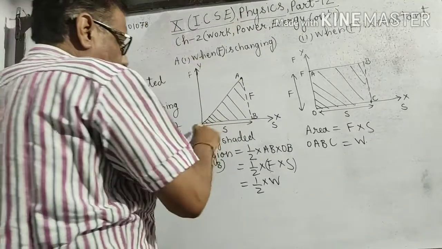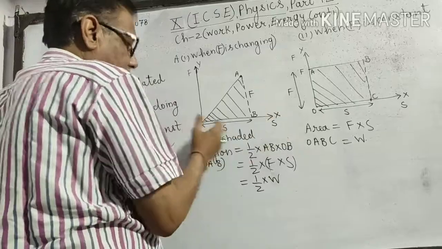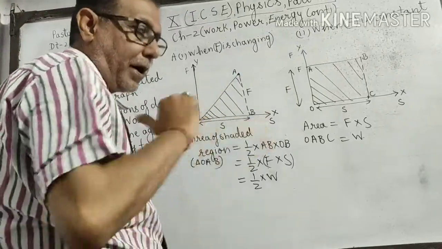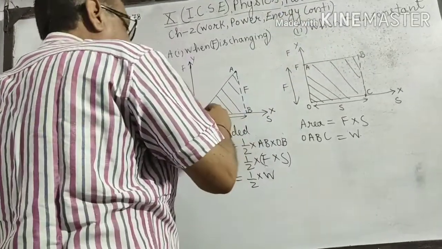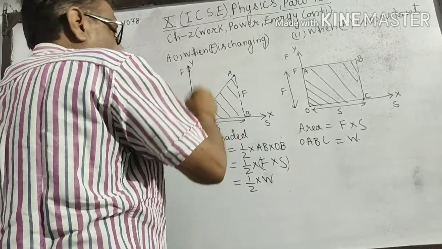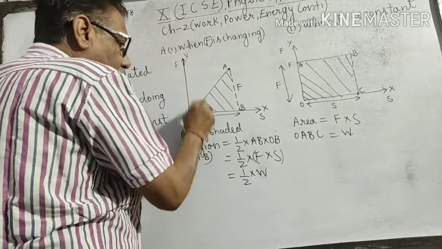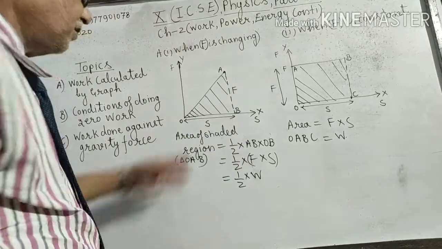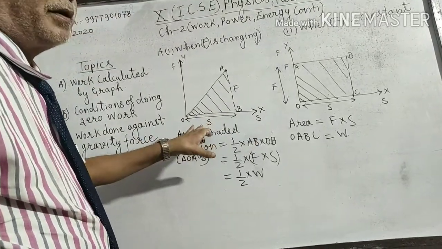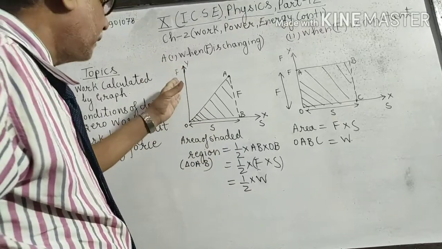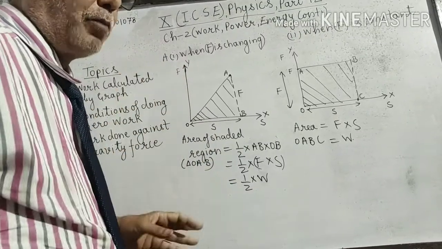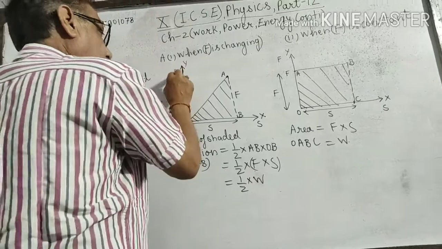In that case, on the x-axis you will take several displacements happening in the body, and for each displacement you will write the value of force on the y-axis. Then you will do the plotting. Plotting means the x coordinate will be displacement and the y coordinate will be F. Both are changing.